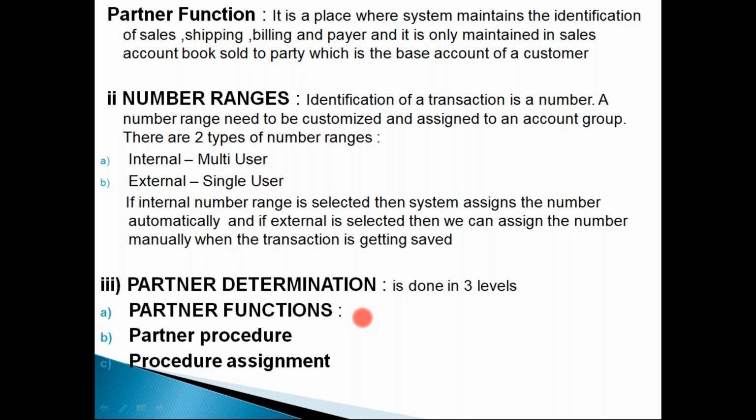Think about your Amazon customer ID, where your shipping details, billing details, and payment details are maintained. When Amazon responds to your orders, it picks up your shipping details, billing details, and payer details from your account. Amazon is not calling you for your shipping address, billing address, or payer address.